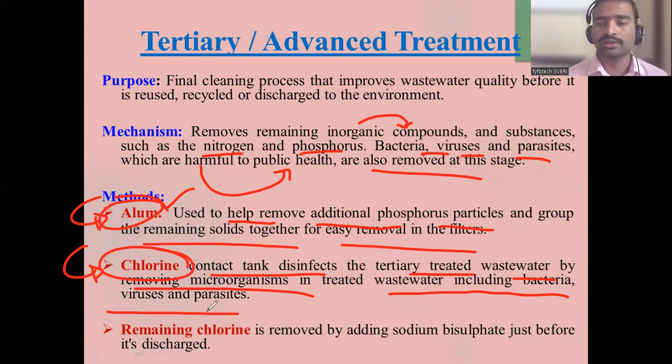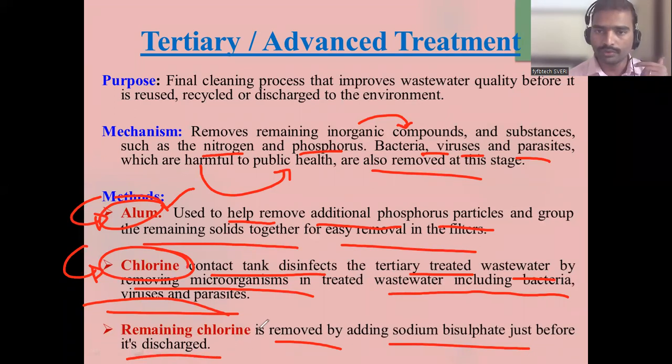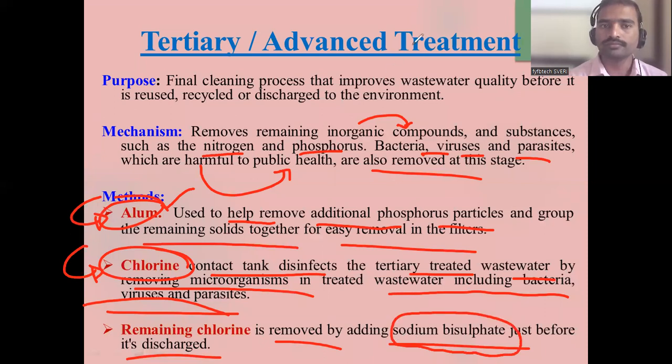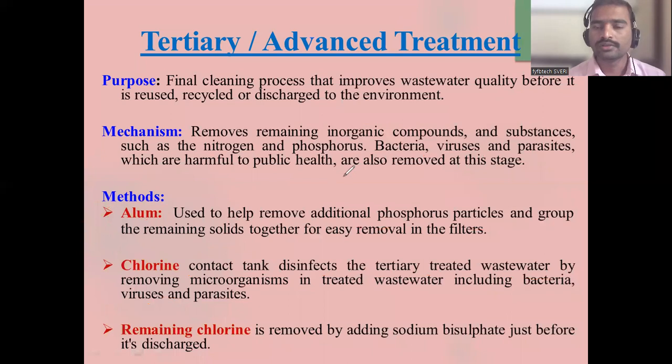If the added chlorine is in excess, then that remaining excess chlorine is removed by adding sodium bisulfate just before discharging. So before discharging this wastewater, if there is excess chlorine, it will be removed by the sodium bisulfate. Is it clear, everyone?